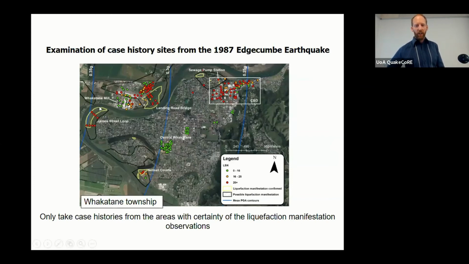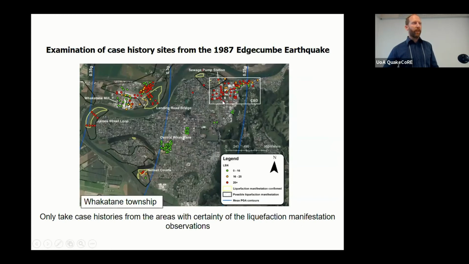The areas outlined in yellow are where it's very definite that liquefaction was observed and there's photographic evidence. The areas outlined in black are where it may have occurred, but we're not completely certain, based on written descriptions but not photographic evidence. And then all the areas outside of those are where there was no liquefaction observed with confidence.